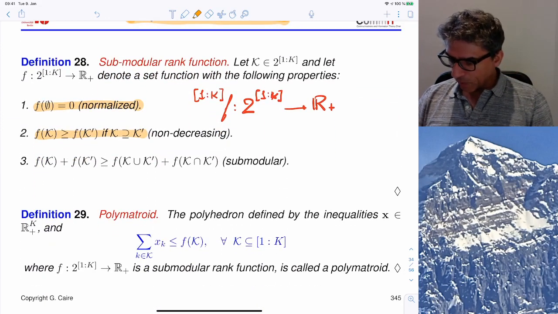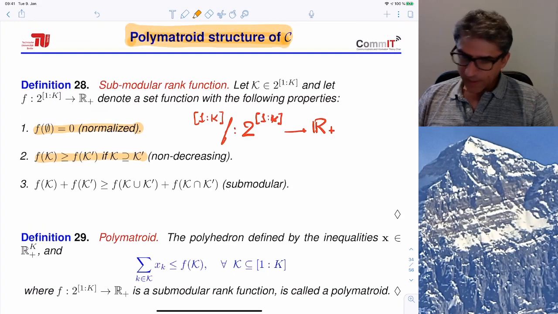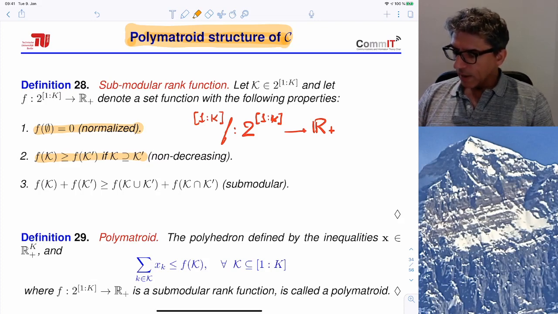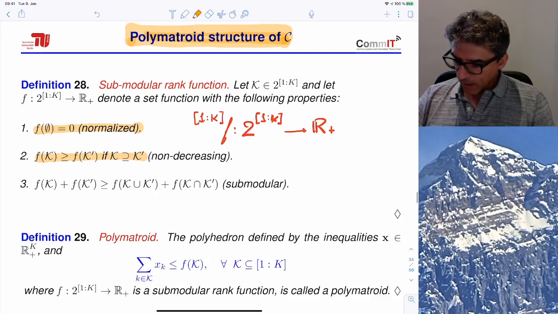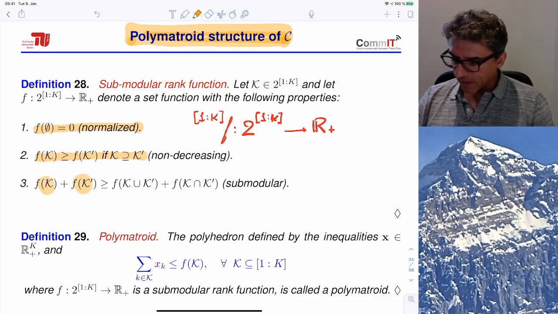And the last property is the most, let's say, complicated to check, which is the submodularity. Submodularity can be stated as follows. Given two subsets, K and K prime, f of K plus f of K prime is greater or equal than f of the union plus f of the intersection.